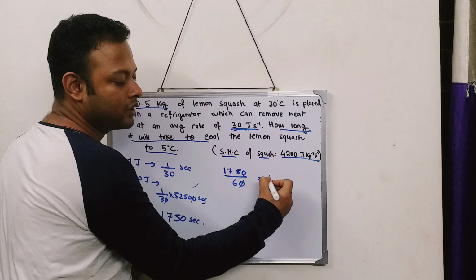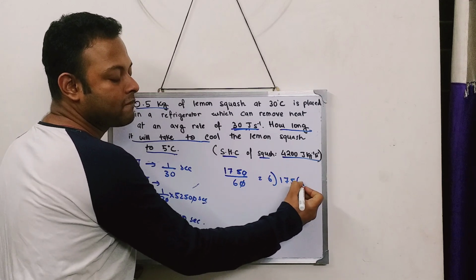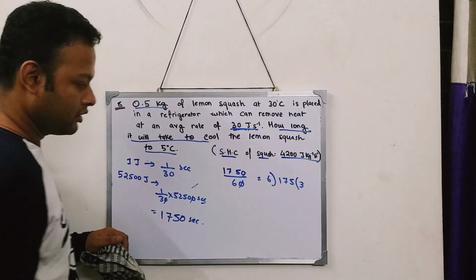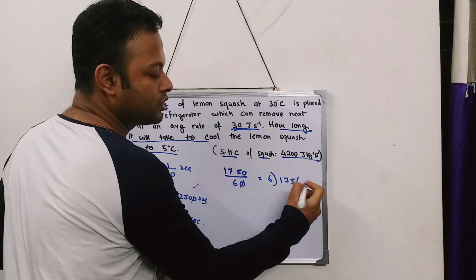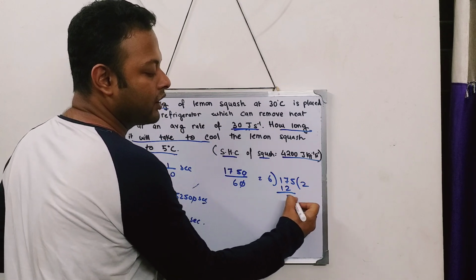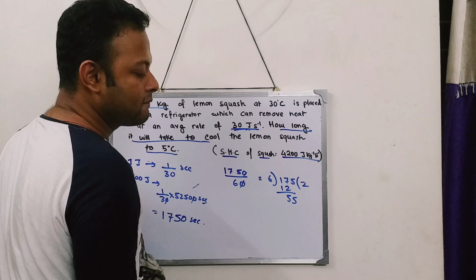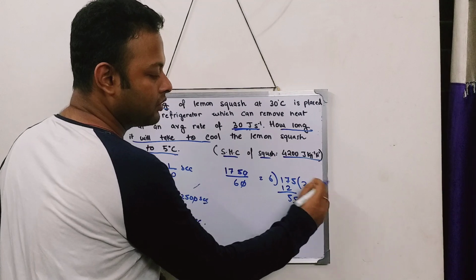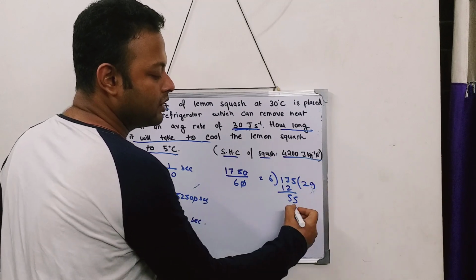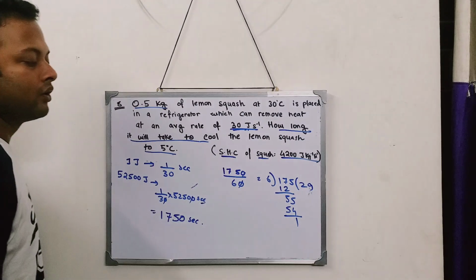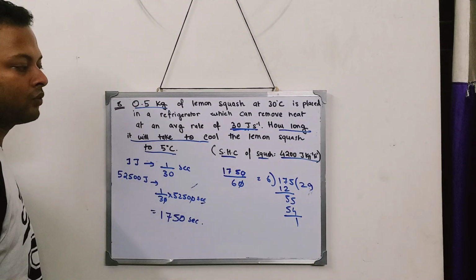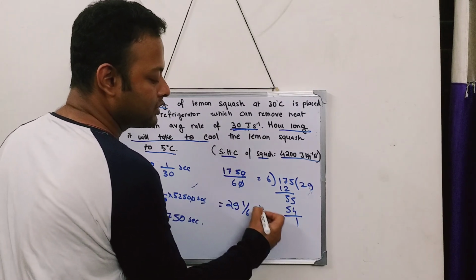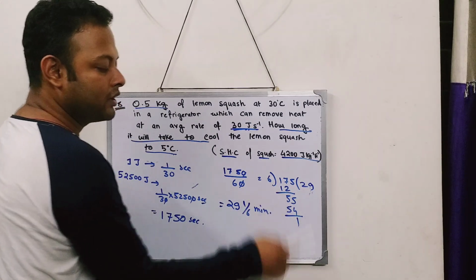The zeros cancel, so it becomes 175 by 6. 6 threes are 18, 6 nines are 54, and the remainder is 1. So 29 and 1 by 6. It becomes 29 1 by 6 minutes.